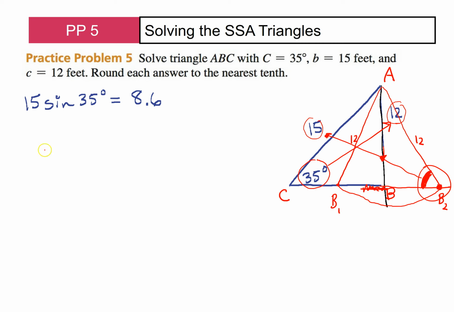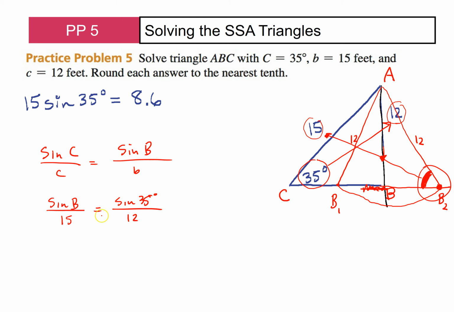So let's go for it. Let me give you the formula: sine of C over little c is equal to sine of B over little b. I'm going to plug in the values I know: sine of B over 15 is equal to sine of 35 over 12.